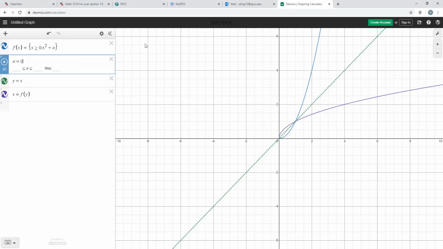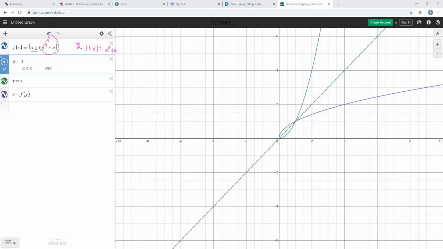So f of x equals x squared plus a constant. Okay, and that's this part right here.